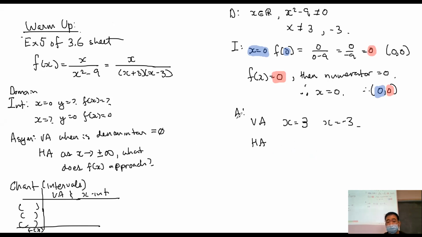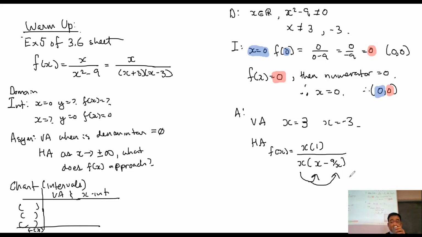When in doubt, when it's like this, I would recommend you factor out an x, just like we did yesterday. So f of x is actually equal to x multiplied by 1 over x squared minus 9, which factors out an x, giving me x minus 9 over x. Look at it, and if you don't believe me, use distributive property to multiply this out.